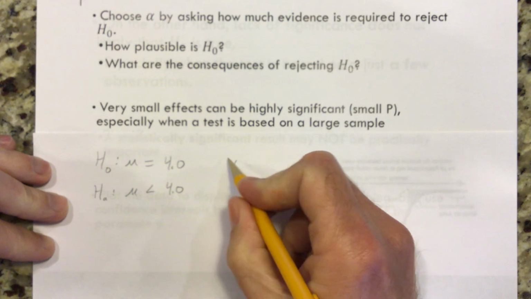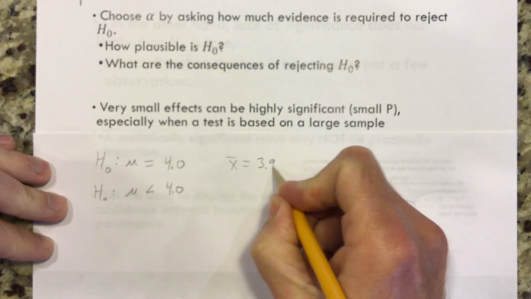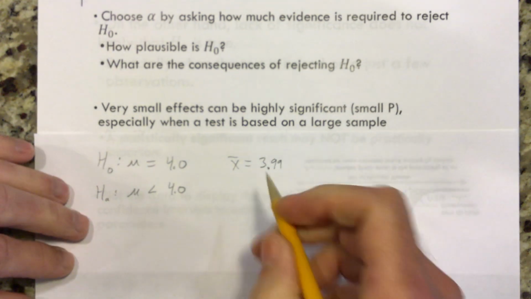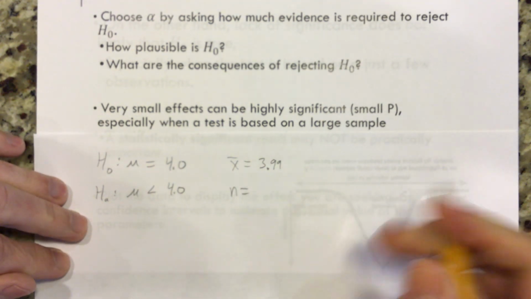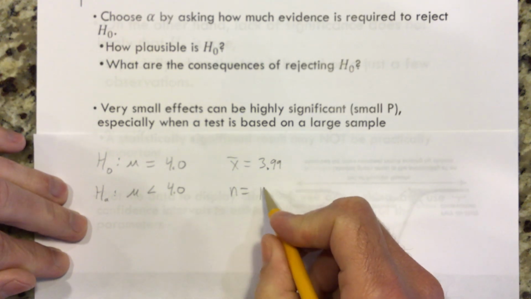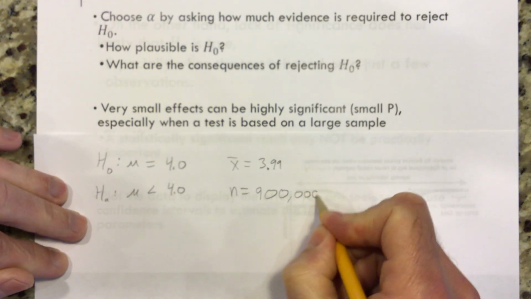So we get a sample, and we get a sample mean of 3.99, and I say, oh, that's 4.0. I'm pretty much right. But let's pretend that the sample size was, I don't know, really large. Let's say 900,000.